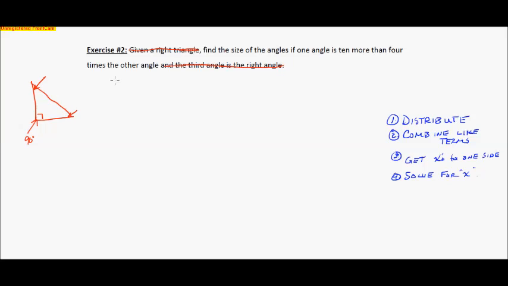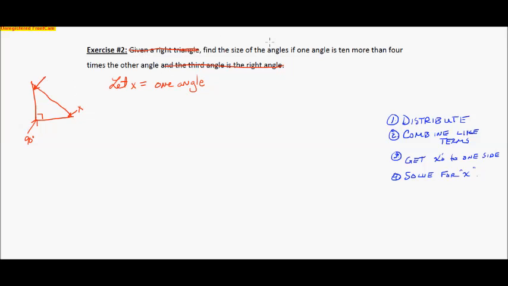Okay, so let's define our variable. Let x equal, well, they told me that one angle is 10 more than 4 times the other. So this is going to be one angle. They didn't tell me anything about that other angle, that second angle. So you always start with the one that you don't know anything about. Now they did tell me that the other angle, okay, so I could say this one is x.